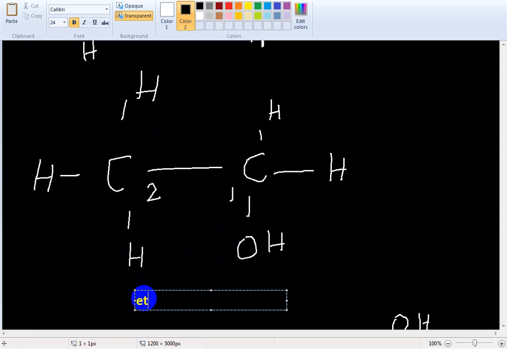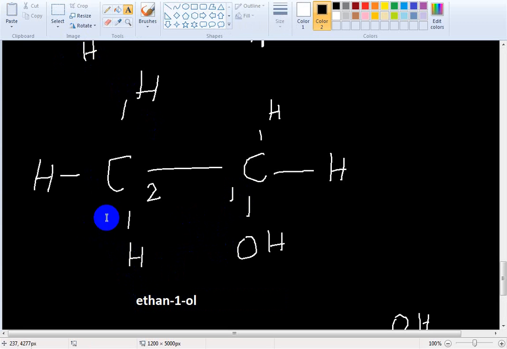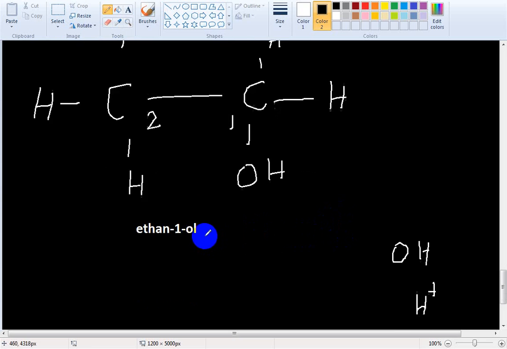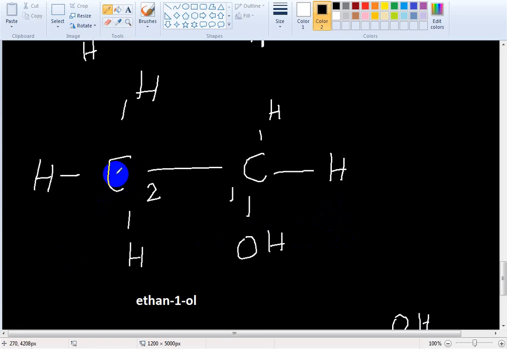It can be written as ethane-1-ol, or simply ethanol. If I write this, how many carbons? This carbon has 3 hydrogens, 1, 2, 3.